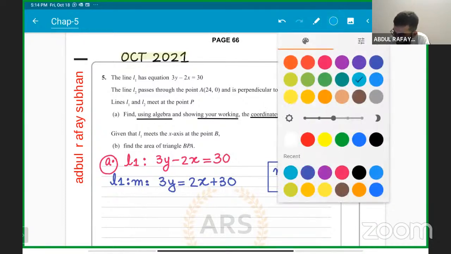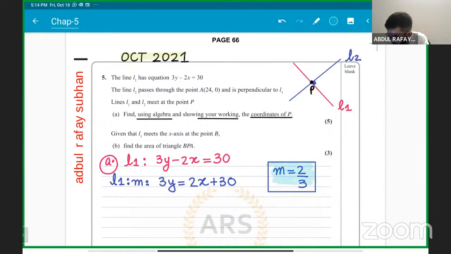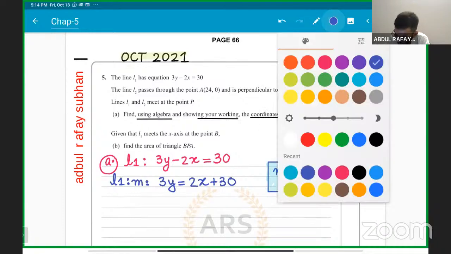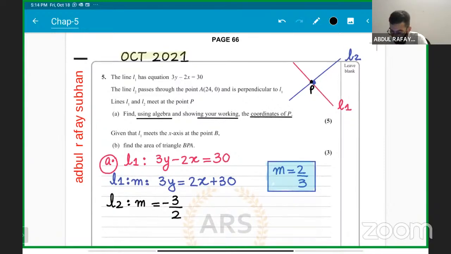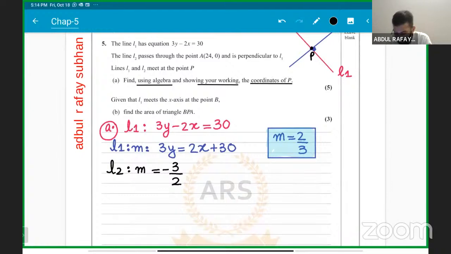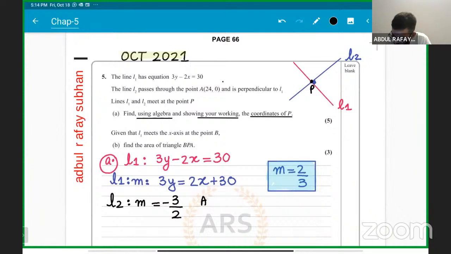The gradient of line L1 is 2 over 3. Students, the concept should be 100% clear. So the gradient of line L2 will be minus 3 over 2, the negative reciprocal. Denominator becomes numerator, numerator becomes denominator, and the plus sign changes to minus. So the gradient is there and the point is given: line L2 passes through the point A (24, 0).